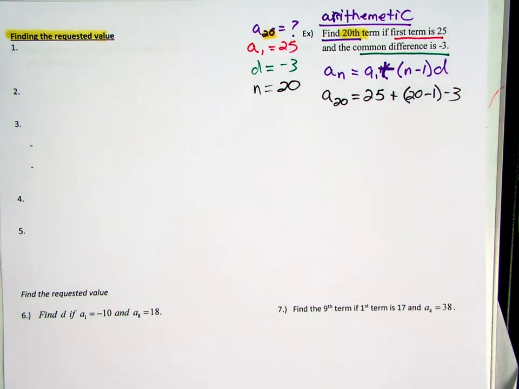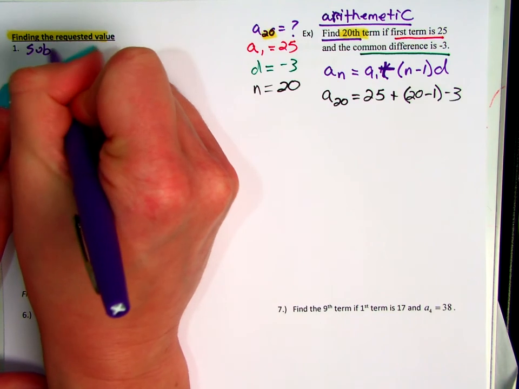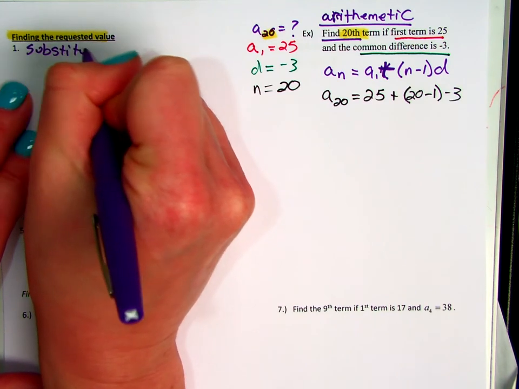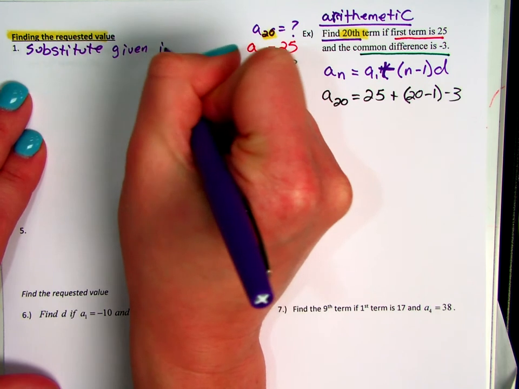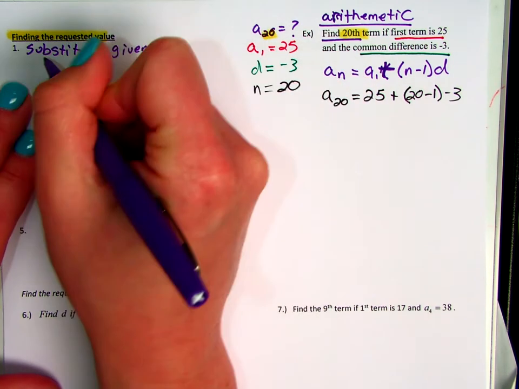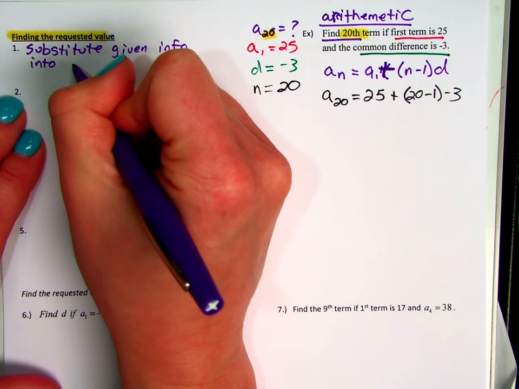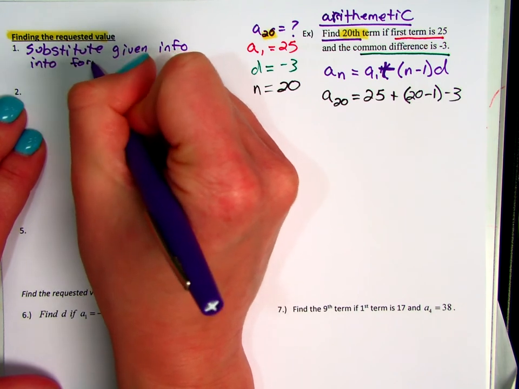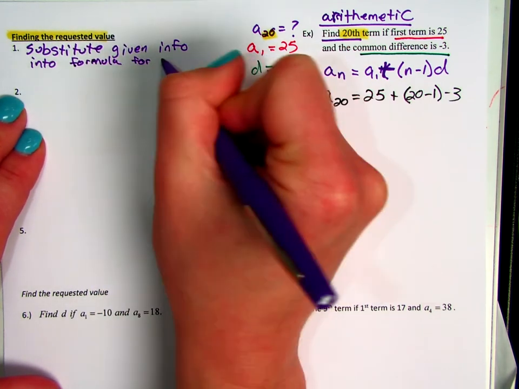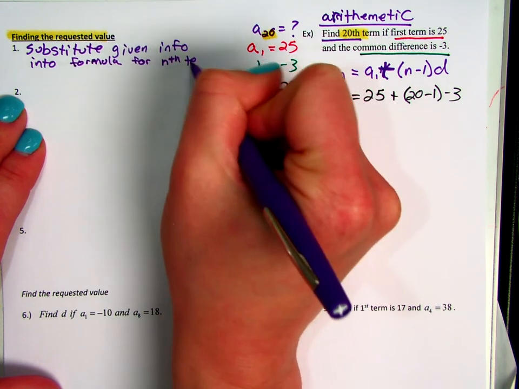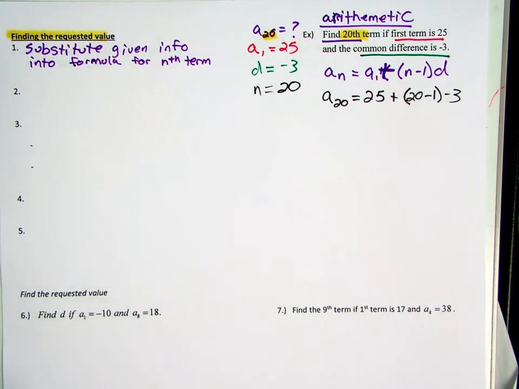So that is all step 1. Step 1 is to substitute given info into formula for nth term, which is exactly what we did here.